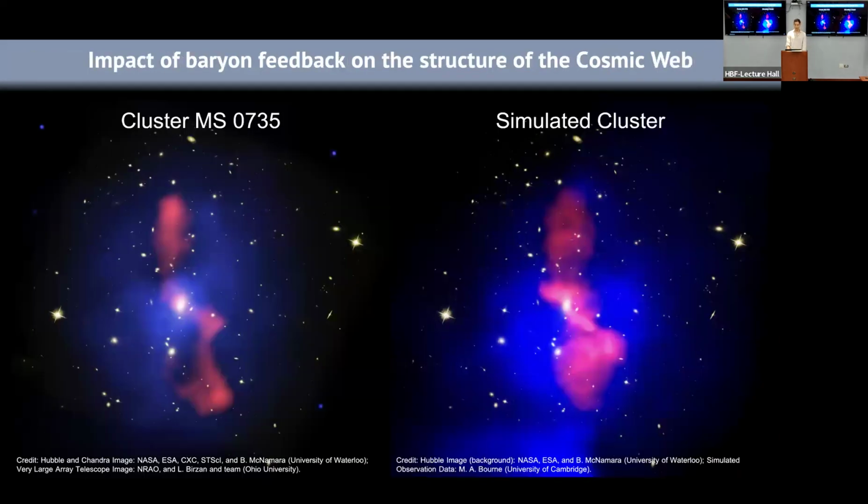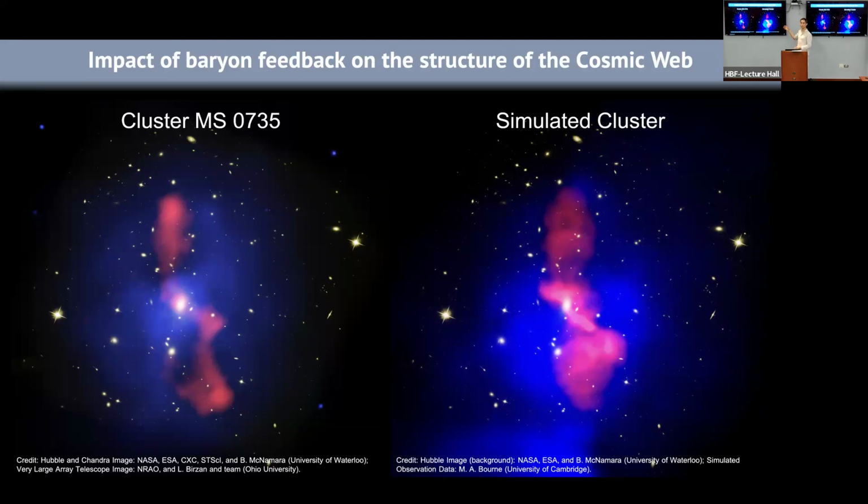And that already has a profound effect on the cosmic web. That's what we know. Here you see an observation of a cluster of galaxies where you have AGN activity, and the fact that these jets inject a lot of hot plasma into the cluster means that the so-called catastrophic cooling flow of the cluster is stopped, and that means that galaxy clusters can stay stable for a very long amount of time.